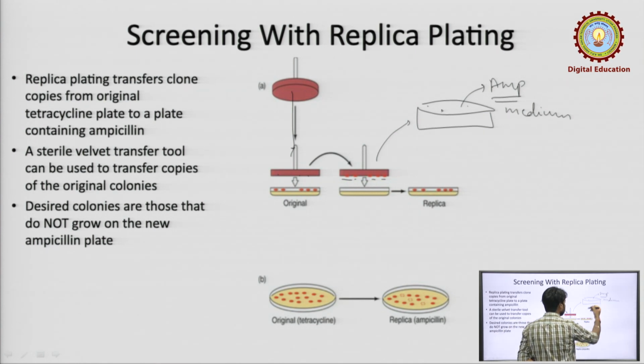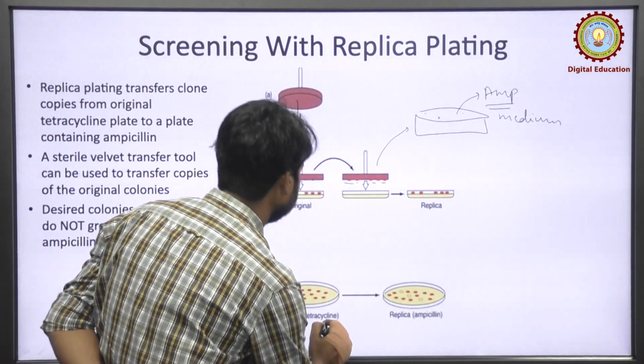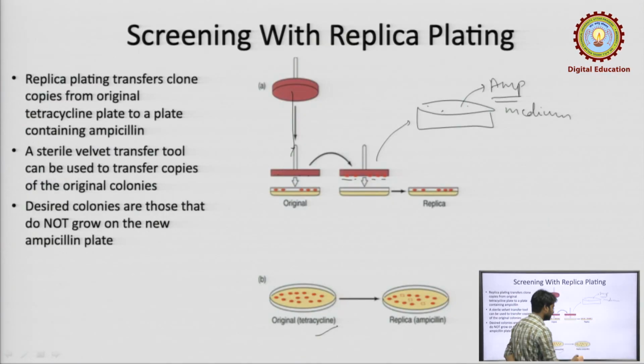So, we will go back to our original plate, and we have to mark those colonies which are growing in the original plate but not growing in the ampicillin containing plate. We will take those colonies which are not growing in the ampicillin plate but growing in the tetracycline plate. So we have to back calculate our colonies, and we can see here these are the colonies which are not growing.